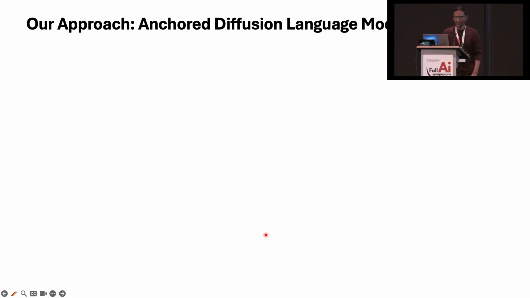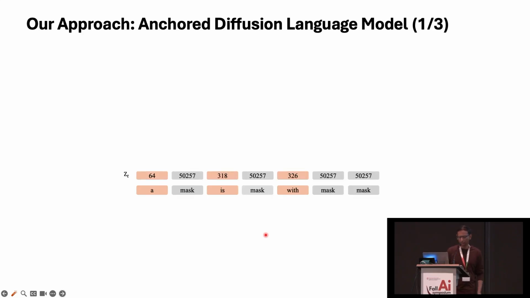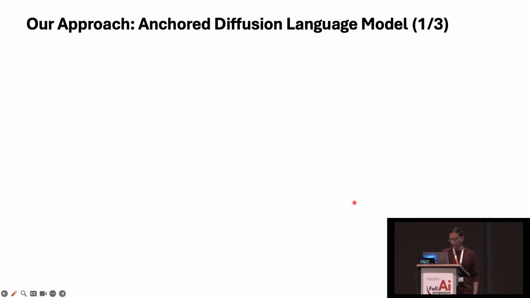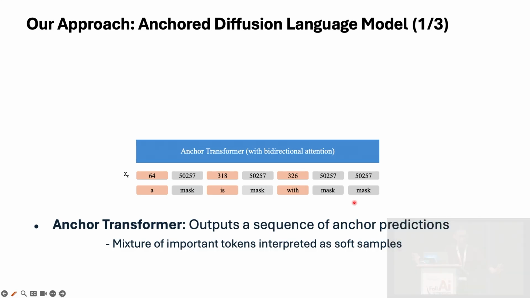So our approach is to develop a different architecture and a training loss, which is our anchored diffusion language model. The idea is the following. We start from the same thing: a mask, is, mask, with, mask, mask. That's where we are. So instead of trying to predict the next token, we have an anchor transformer that predicts anchors.